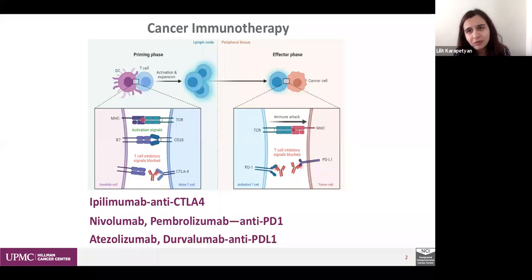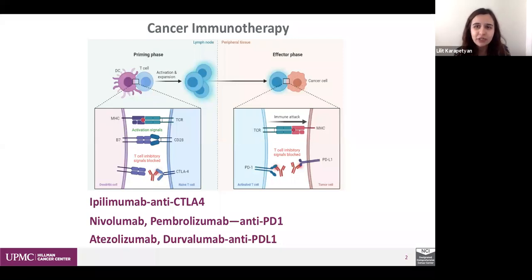But for melanoma, we do not check it often because regardless, even if patients have a PD-L1 score of 0, they respond to immunotherapy. The bottom line is that PD-L1 is one marker on your tumor cells, but there can be other markers as well which play a role in your response to immunotherapy.